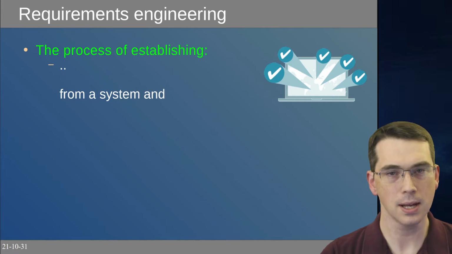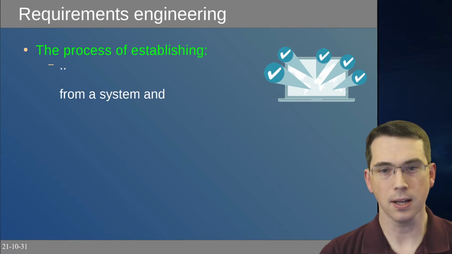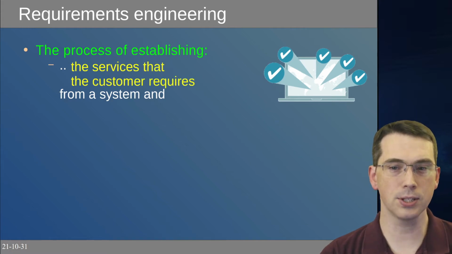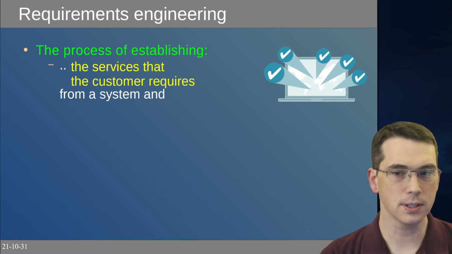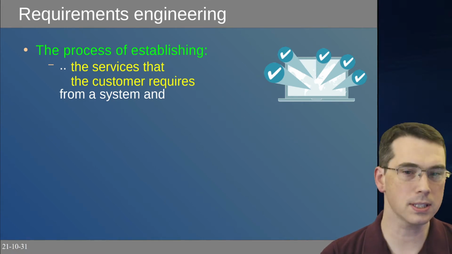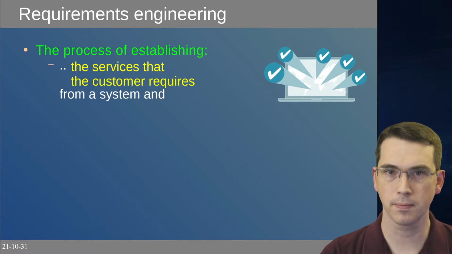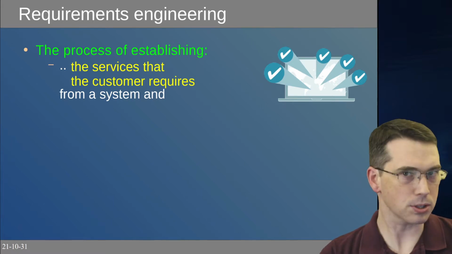So first, let's talk about how things are phrased. Requirements engineering is the process of establishing the services that the customer requires from the system. These services are usually the features.